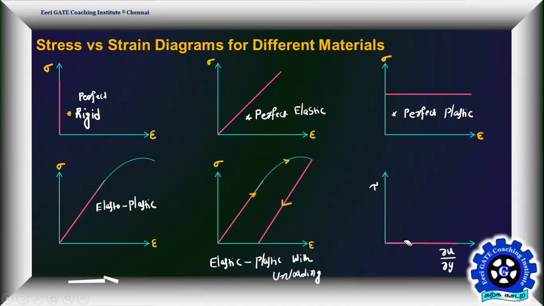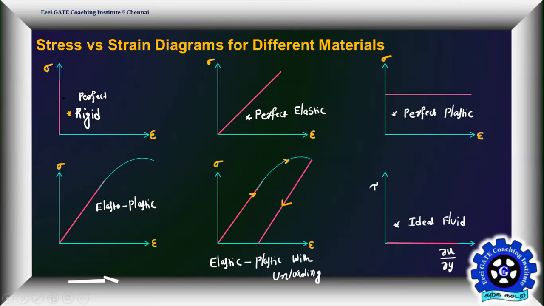What is the name of this particular thing? Tau is shear stress and du by dy is the velocity gradient. This is nothing but an ideal fluid. So this is all about stress versus strain diagrams for different materials. So this is for an ideal fluid.